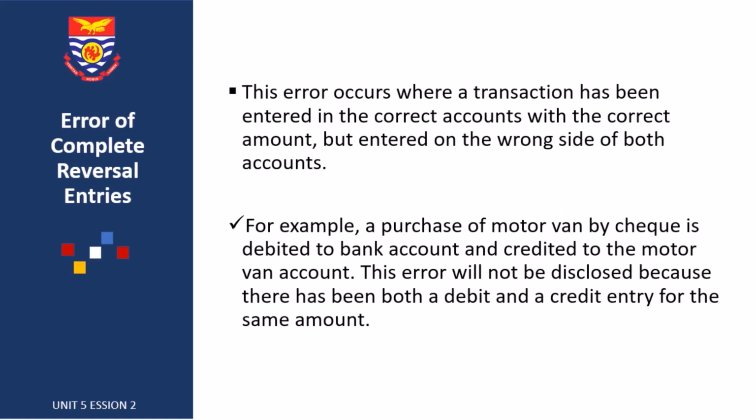Error of complete reversal of entries. This occurs where a transaction has been entered in the correct accounts with the correct amount, but entered on the wrong side of both accounts. For example, a purchase of a motor van by cheque is debited to the bank account and credited to the motor van account.